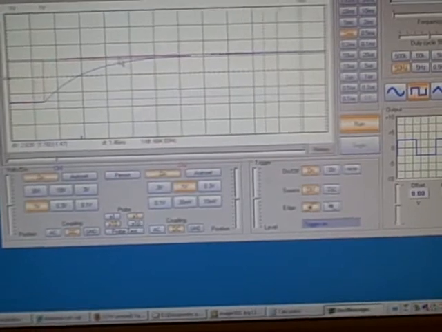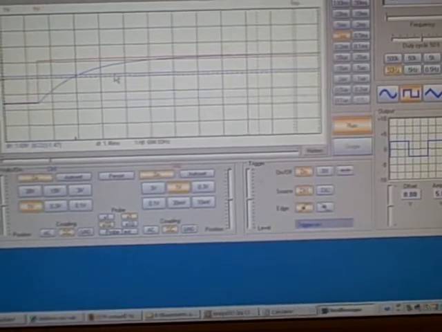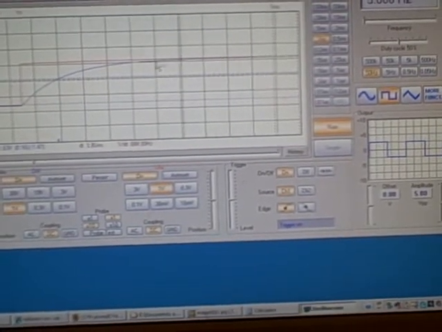So if I move this cursor down to 1.65, that's pretty close. And then I look at the characteristic time it takes for it to charge up to that level, we should see that it comes out to be about 1.5 milliseconds.